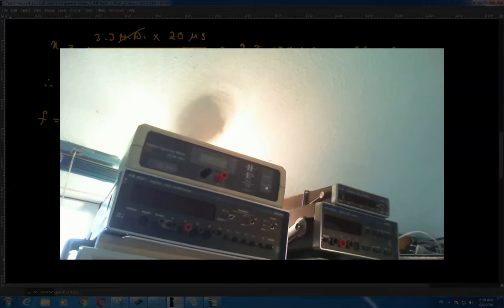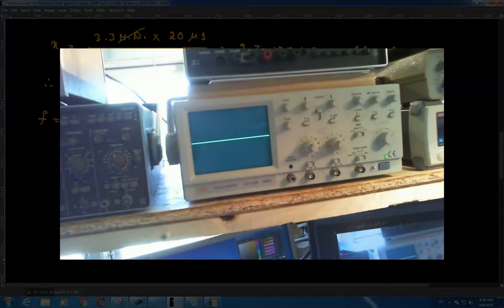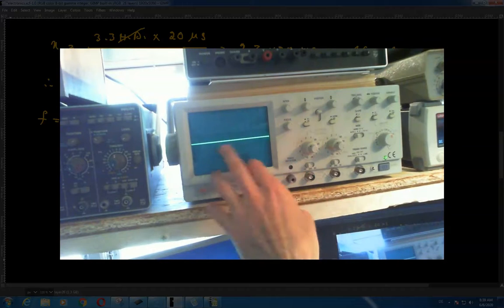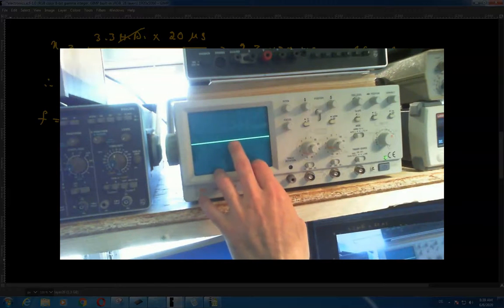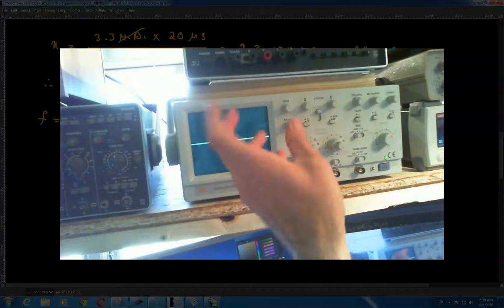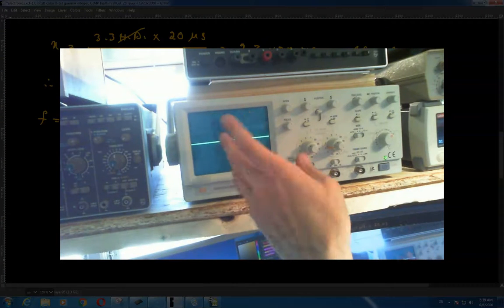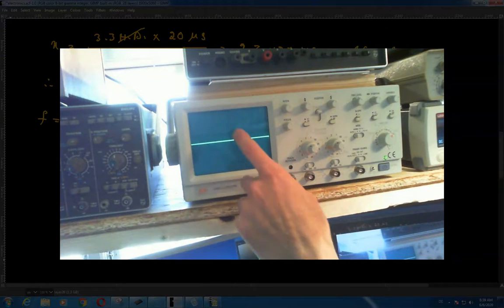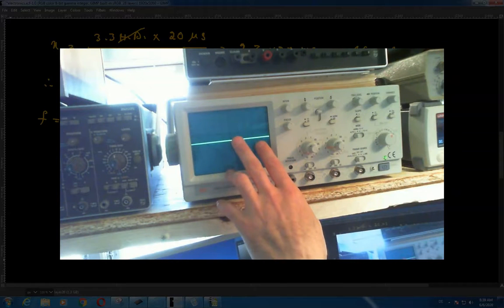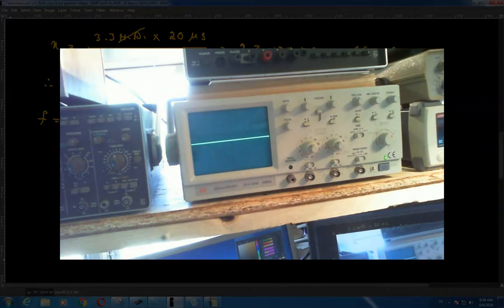Of course, when you read something on the oscilloscope, you have some tolerance, because there is no better way of reading this line. This is the best way that you can read this line, and this type of oscilloscope is not meant to be completely accurate.